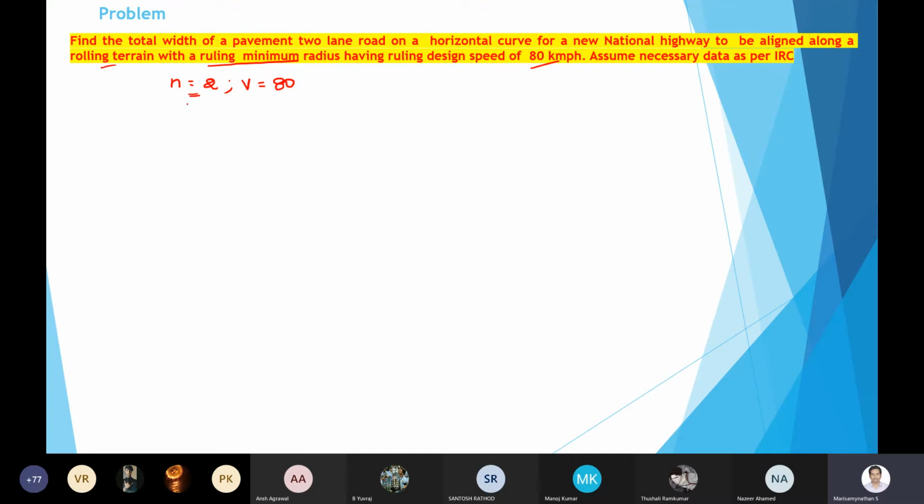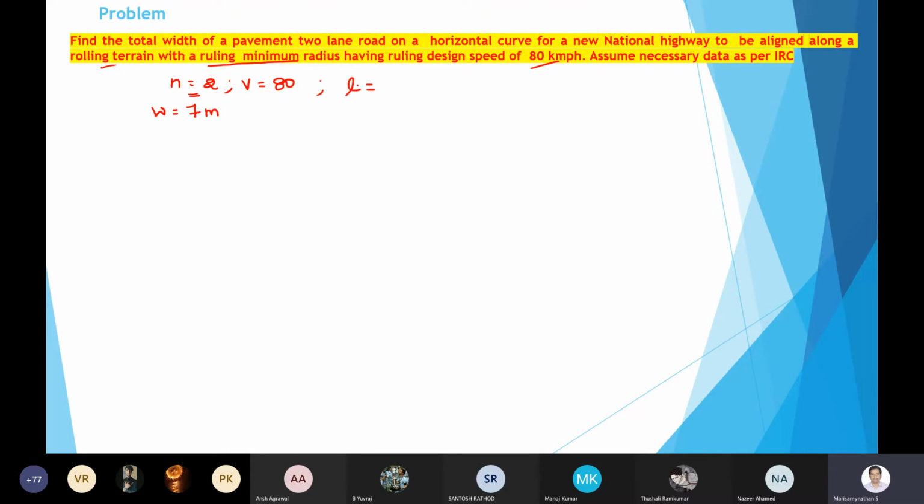Since it is a two-lane road, what will be the width of the road? W is equal to 7 meter. This is the width of the road which is already given in the problem. Then assume other data. What other data do you need? L is required, right? The wheelbase distance.